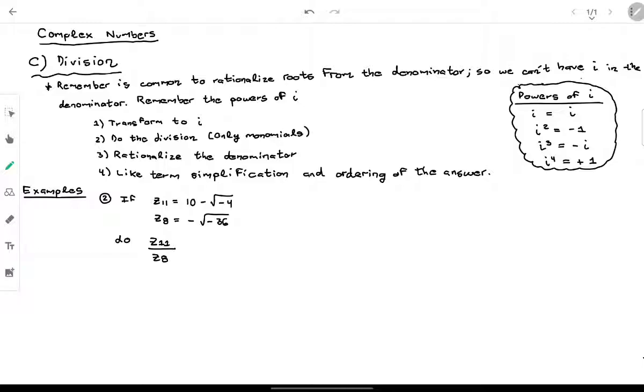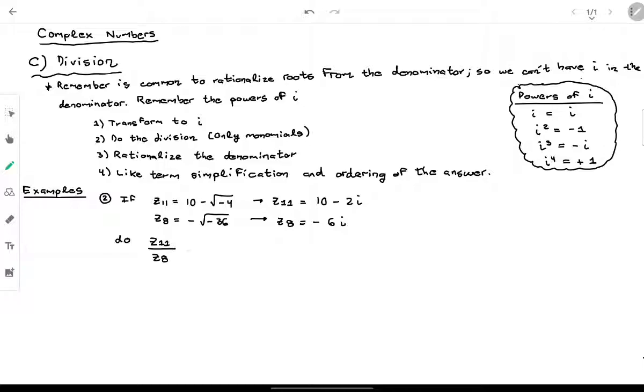So in this second exercise, we have C11 and C8, and it says do C11 divided by C8. So first, we need to transform them to i. So C11 is going to be 10 minus the square root of 4, it's 2i. C8 is going to be minus the square root of 36, it's 6i.